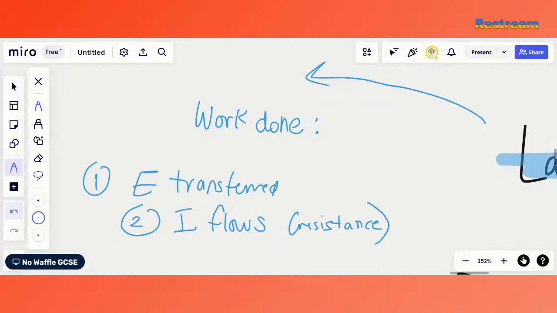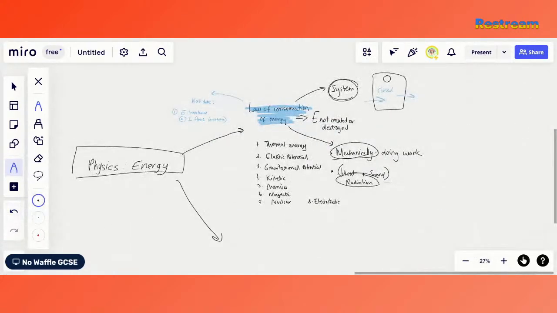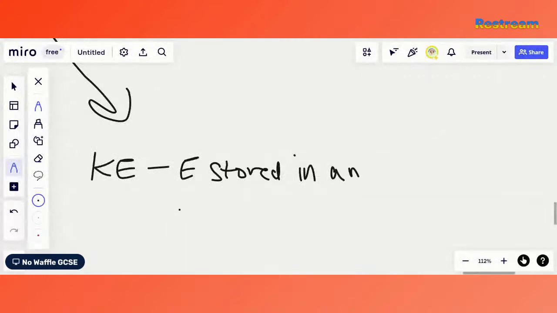Now we need to look at kinetic energy and potential energy stores. So kinetic energy is the energy stored in a moving object. So when an object speeds up, energy is transferred to the kinetic energy store, and energy is transferred away from the kinetic energy store when an object slows down.